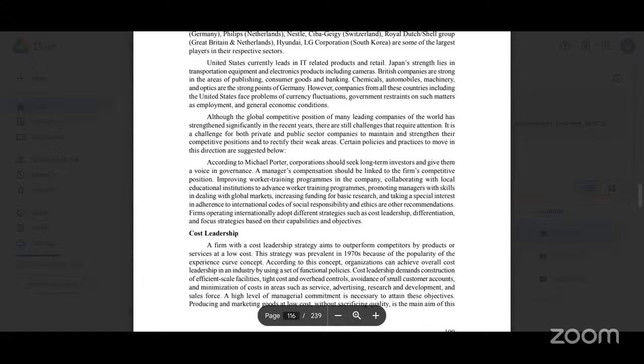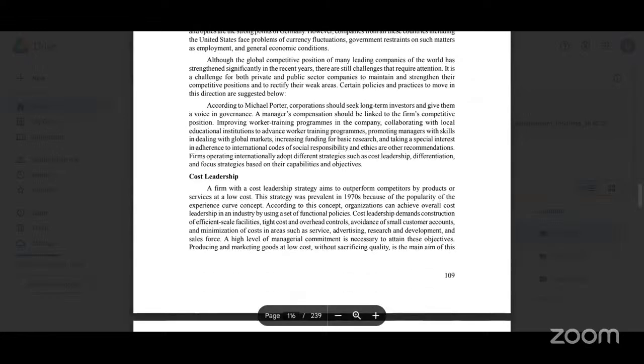So this is where we need to understand factors like adherence to international codes of social responsibility, ethics. Firms also need to consider different strategies such as cost leadership, differentiation, and focus strategies, and how they are able to stand out in the market vis-a-vis their competitors.